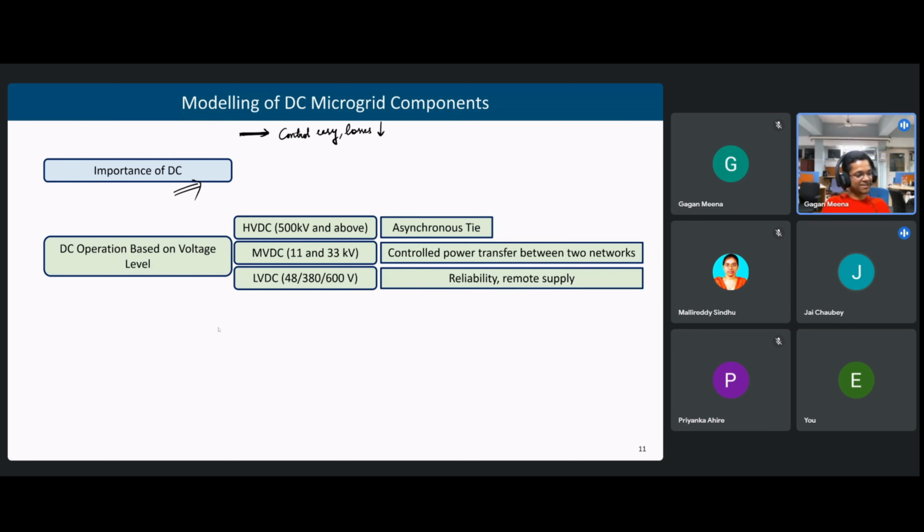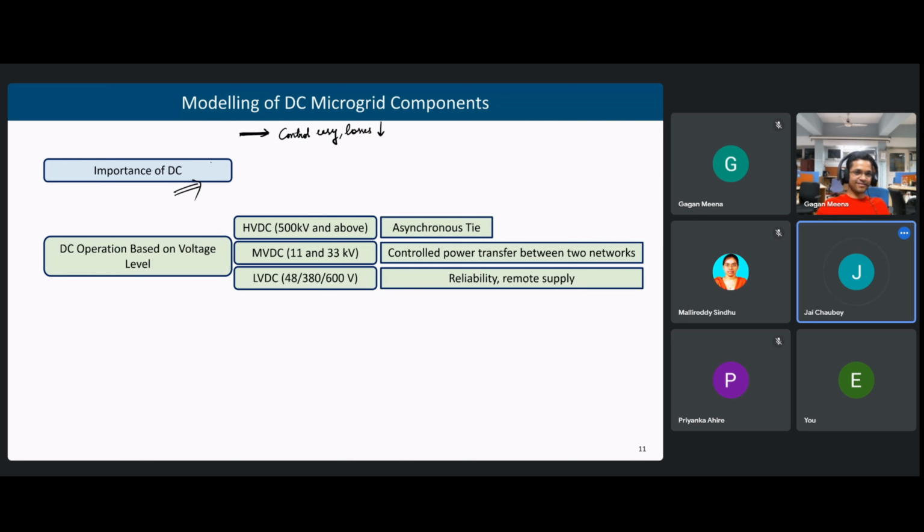But why do you think control is becoming complex? A lot of network additions are taking place. Microgrids are being added, and a lot of local generations are being added. Earlier, there was one generating station, transmission line, distribution step down. So complication was less, and control was also not complex.